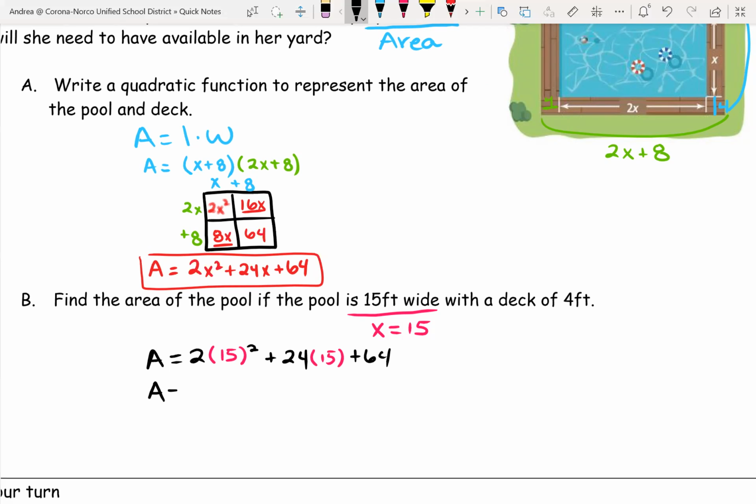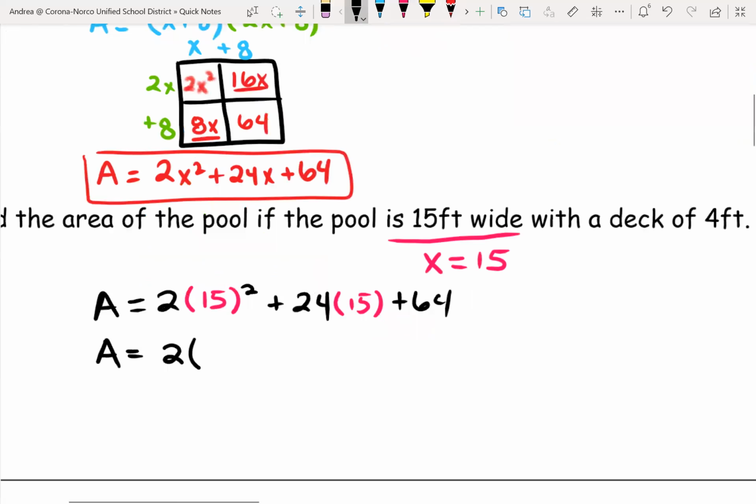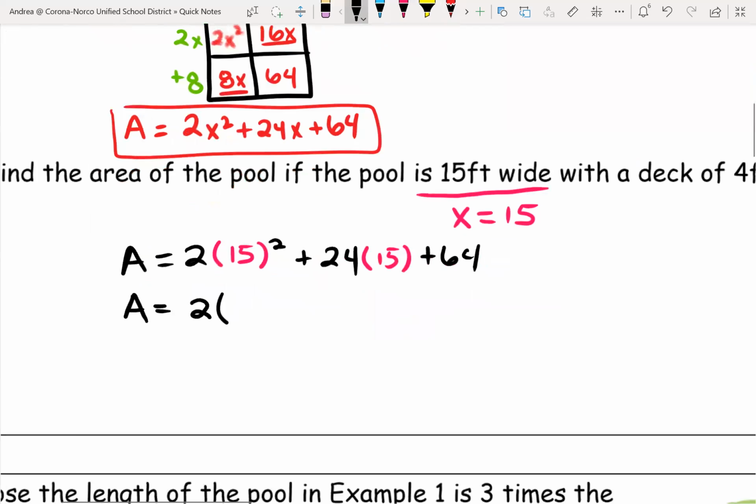So we have A equals 15 squared is 225. 24 times 15 is 360, plus 64.